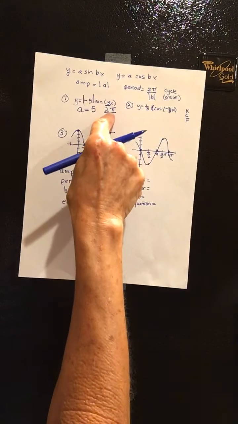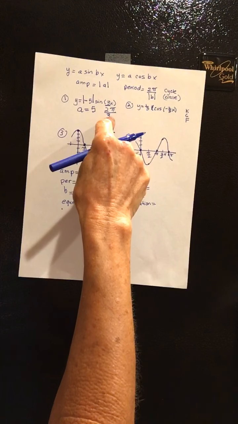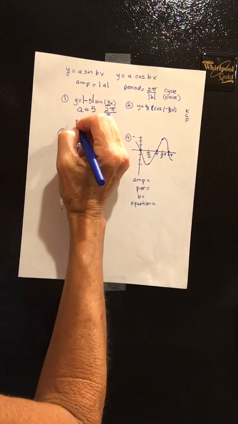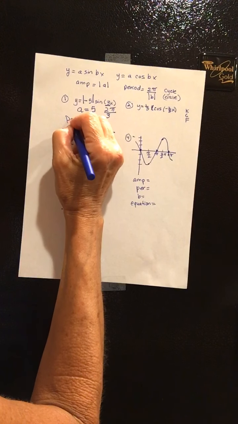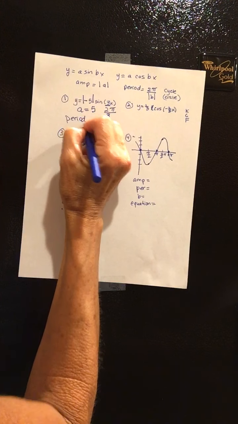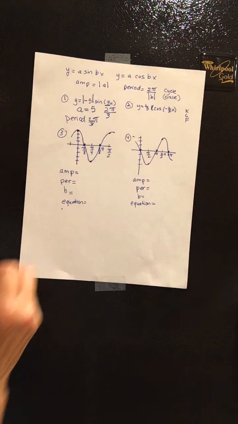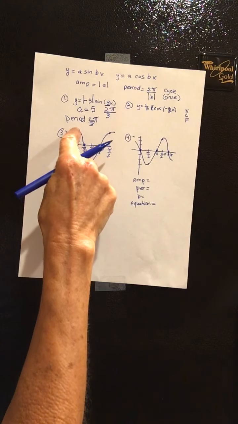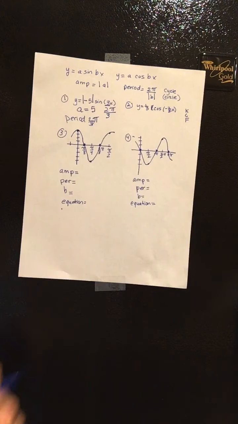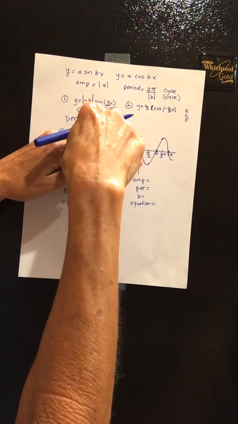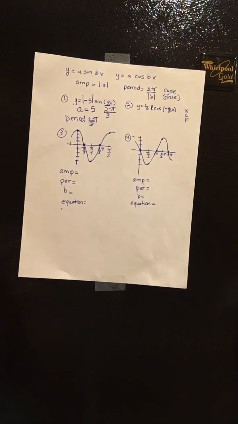So your period, or what it takes to make one full cycle or one circle, so your period here is 2/3 pi. So that is what it would take to make one full cycle. Now, that's just for number 1. I was just showing you on graph 3.